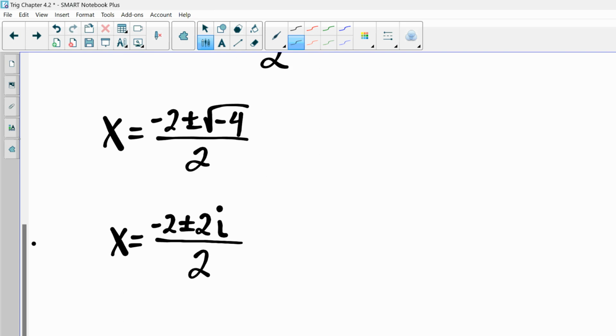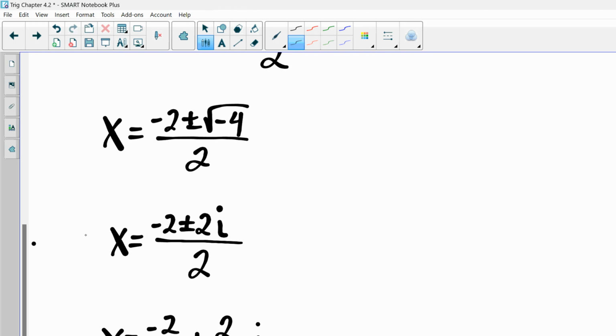Now at this point here, we do need to do some simplifying. Part of standard form is that we split this apart, and that we say that we have negative 2 over 2 plus or minus 2 over 2 i, because this is considered standard form, a plus or minus bi.